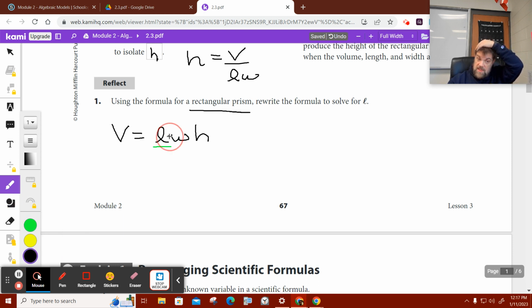W and H. What does the W and H do to the L? So what is the inverse of multiplying? Divide. What am I dividing by? W and H, right? Because I want to solve for L, so we leave the L alone. Whatever I do on one side, I do to the other.